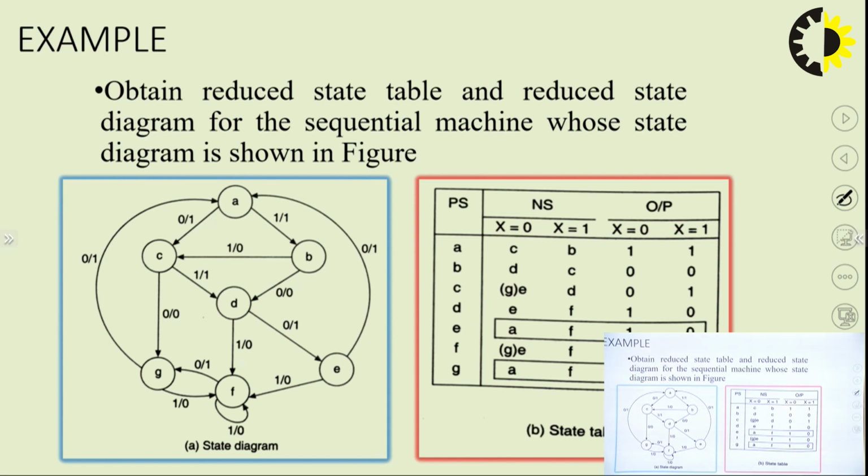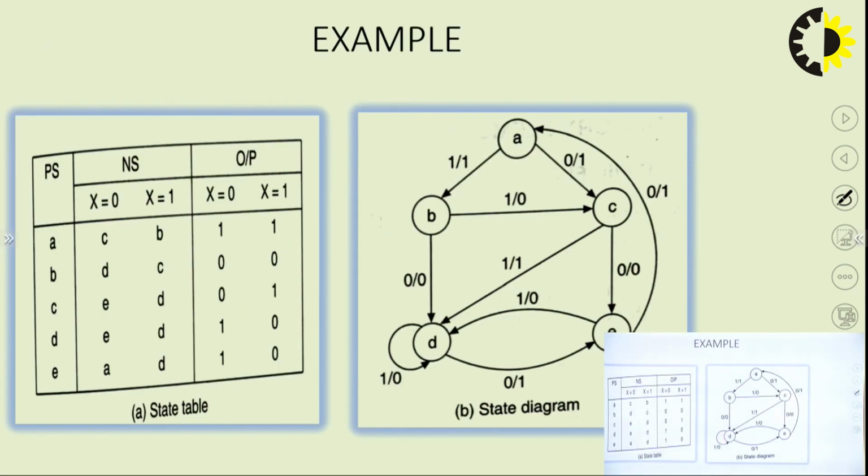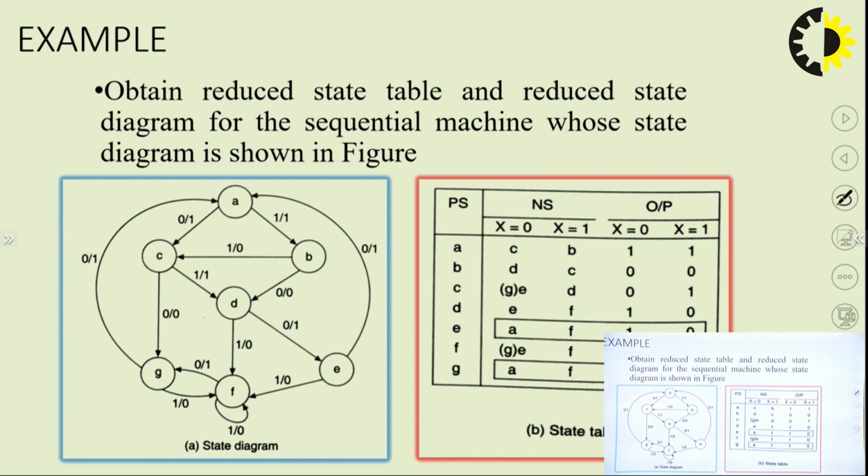Similarly, in the next example, we have taken one more example in which we can see there are 7 states: A, B, C, D, E, F and G. So I have 7 states. I will write the state table corresponding.